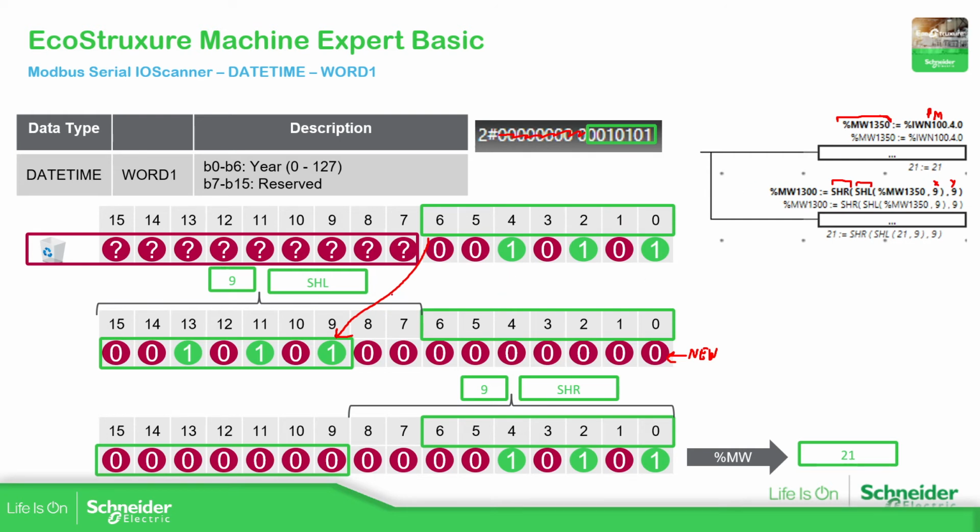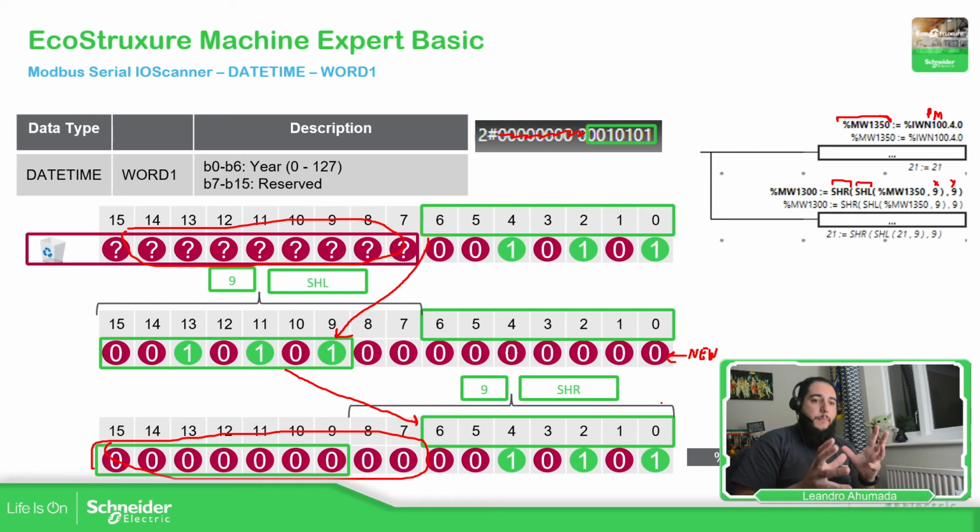So in order to easily read this information, I need to move all this into the beginning and complete all the information with zeros. In order to do that, we need to use the function SHR. So in that way, I complete all these variables that I really don't know if it's zero or not. Now I know that it's completed in zero, and I move all the positions that I want, like this. That is the idea.